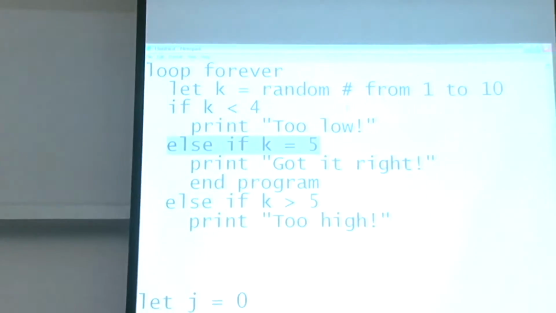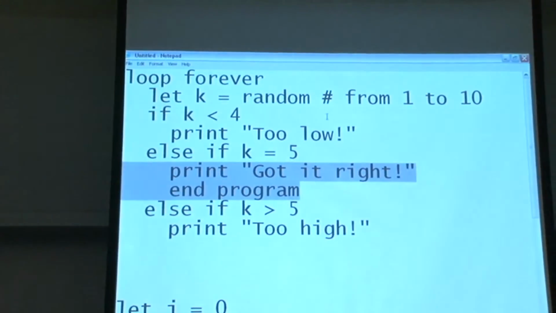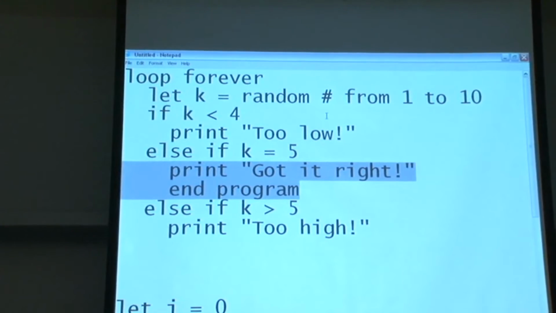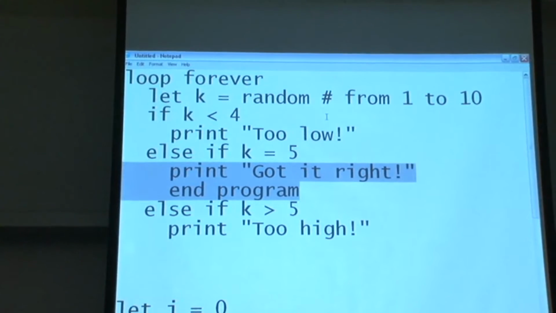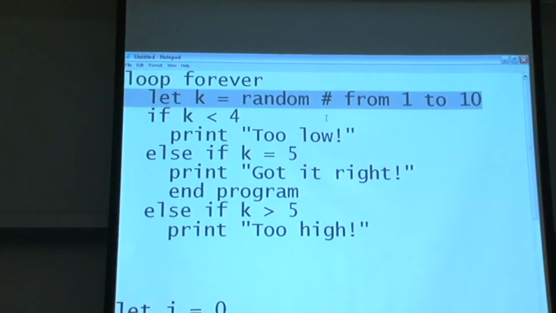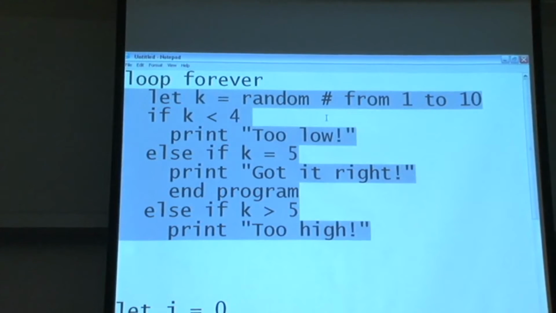So this else if statement, for example, we're saying that everything that's indented underneath it belongs to that else if. Just like all of this code that is indented from the loop forever belongs to that loop forever. So all of this code belongs to the same block of code.